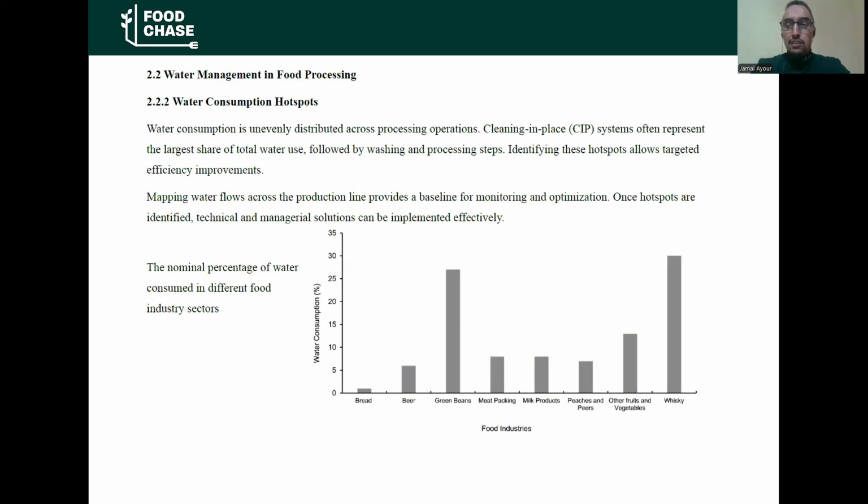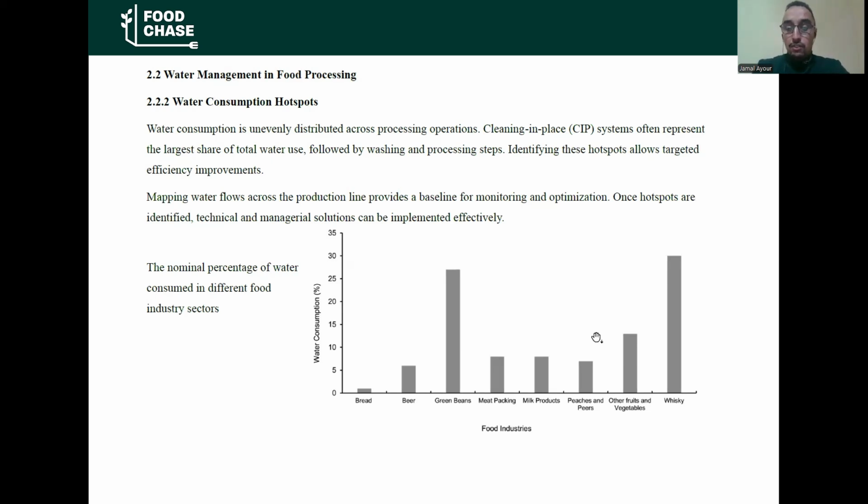And there are other operations that use water of high quality, in high quantity. So mapping water flows across the production line provides a baseline for monitoring and optimization. Once hotspots are identified, technical and managerial solutions can be implemented efficiently.